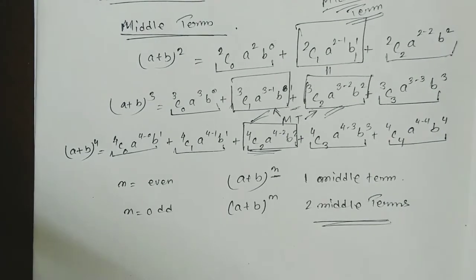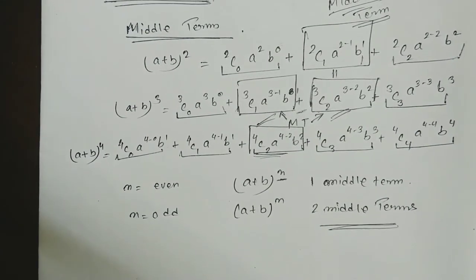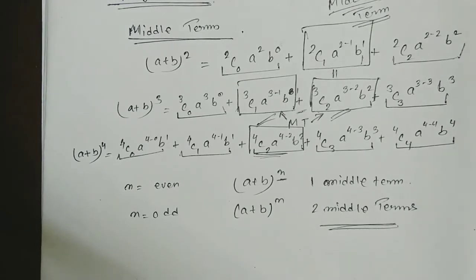So for the middle term, now we have two different criteria, either for even or for odd.